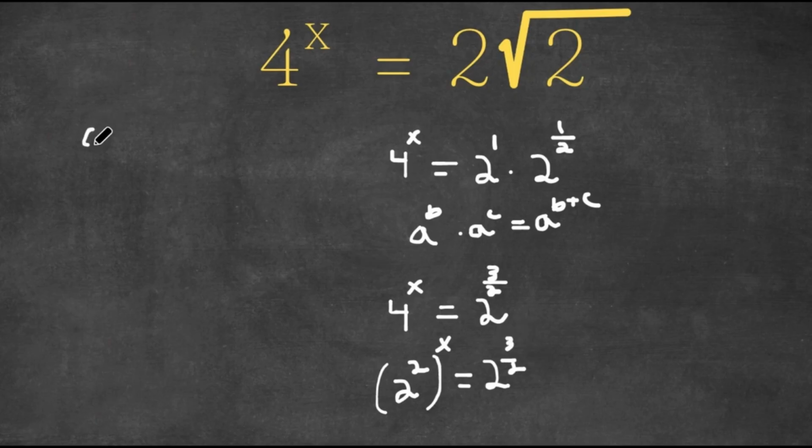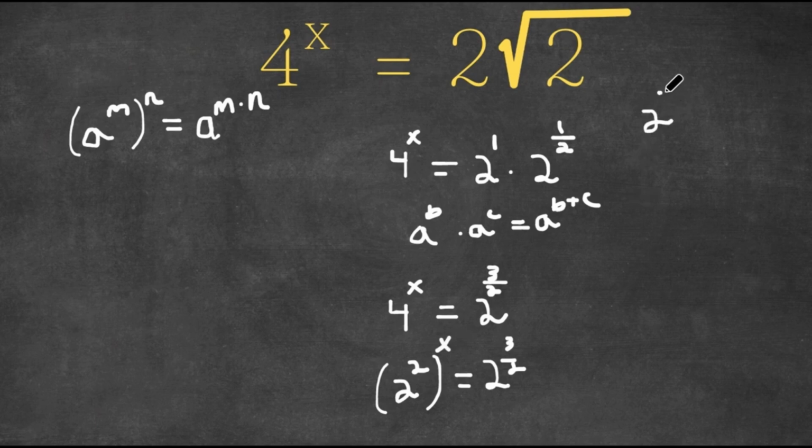Now, if we have something in the form a to the power of m to the power of n, this is the same thing as a to the power of m times n. So 2 to the power of 2 to the power of x is the same thing as 2 to the power of 2 times x, which is just 2x.